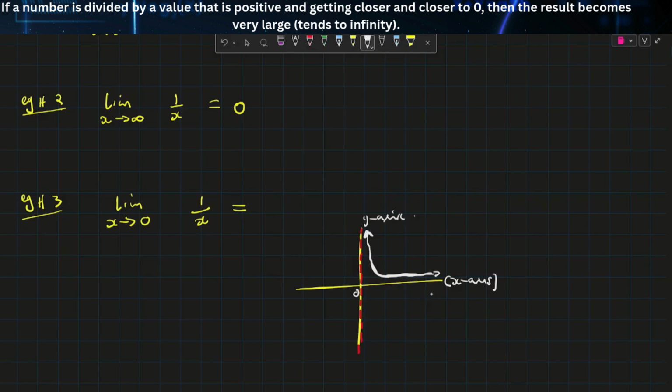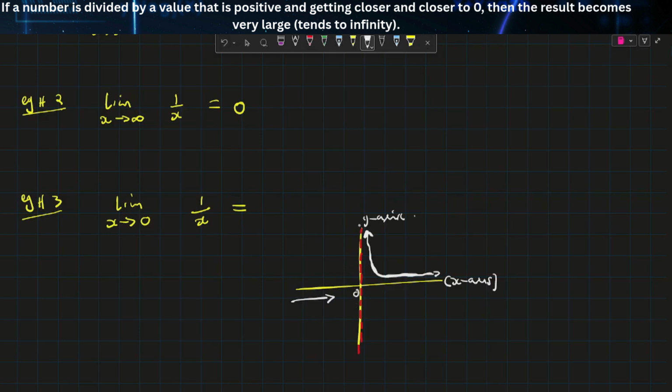Now as our x is approaching 0 from the right side, which means from this side, we realize that the value gets a little bit smaller, right? And as we are approaching 0 from this side, what happens to the y value?